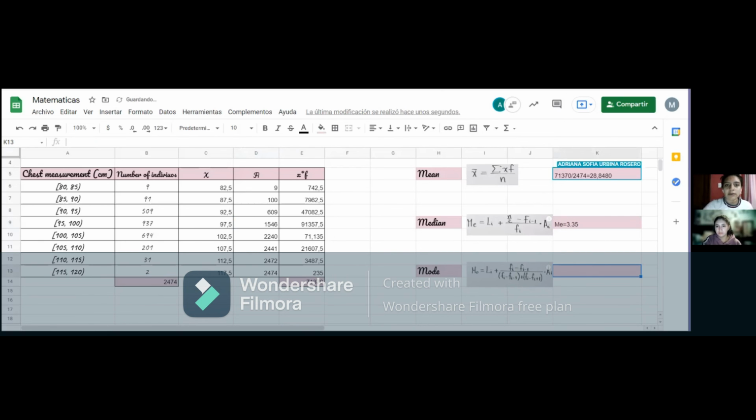And for the mode, we will use this formula, and we take the largest value to guide us to that interval.